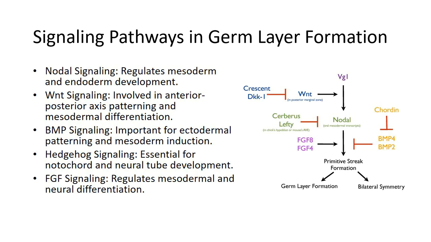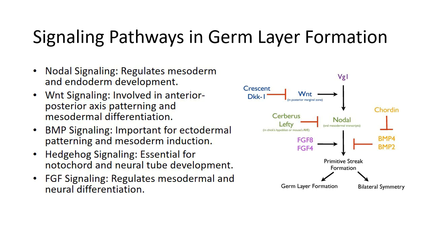Key signaling pathways involved in germ layer formation. Nodal signaling: the nodal signaling pathway is essential for mesodermal and endodermal development. It regulates the formation of the primitive streak and is important for the induction of the mesoderm and endoderm during gastrulation.